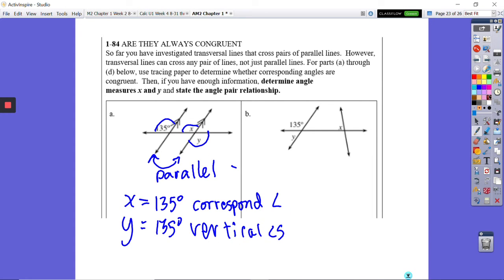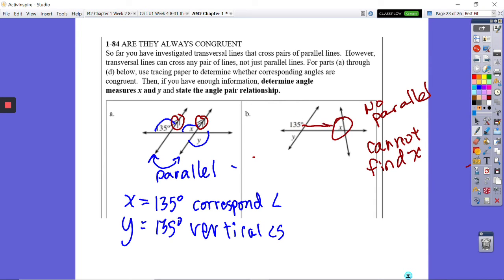In picture B, nothing's parallel because there are no angle marks on any picture. So since nothing's parallel, I can't find X, because it's way over here. I can't do anything about finding X because nothing is parallel.